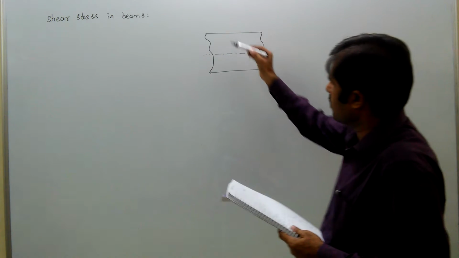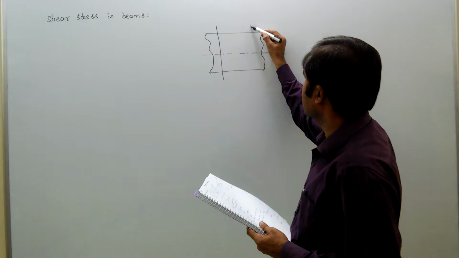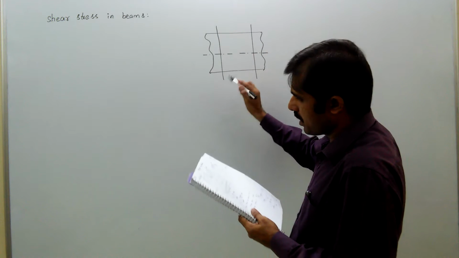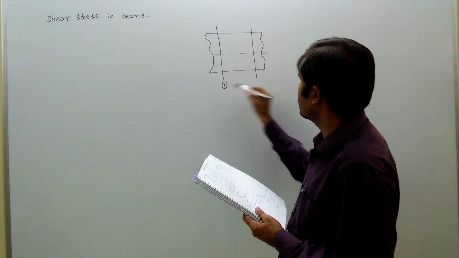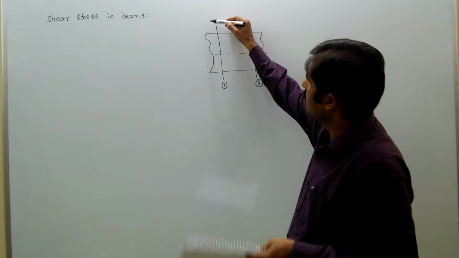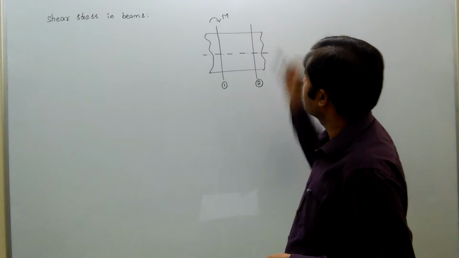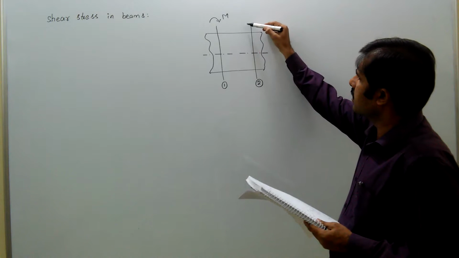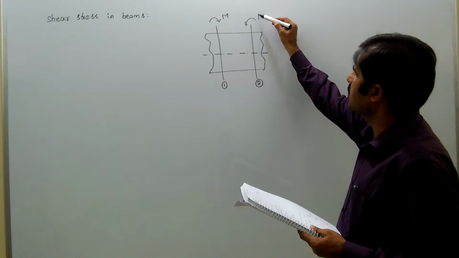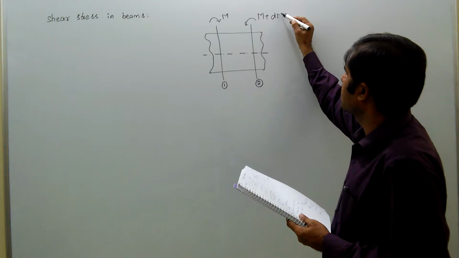We take two sections at two different locations. This is section 1 and this is section 2. Suppose the moment acting at section 1 is M and the moment acting at section 2 is M plus dM bending moment.